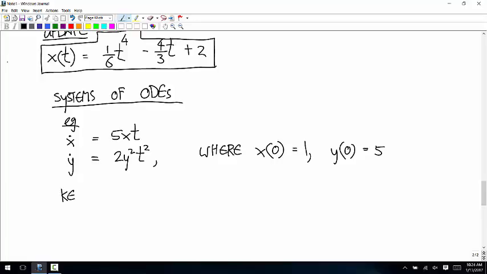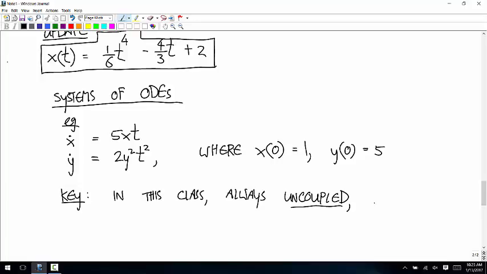So the key in this class is these are always going to be uncoupled, meaning that each dependent variable stays in its own equation.